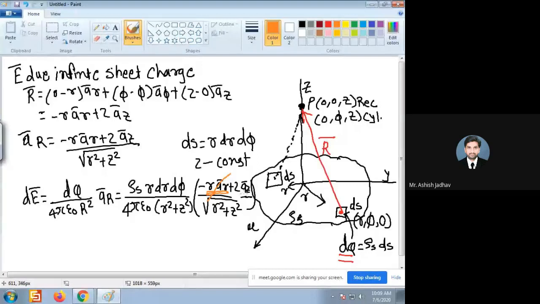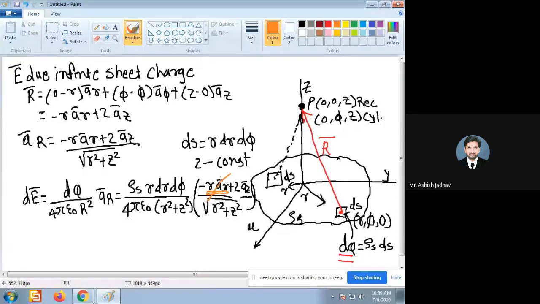Understood? In the last derivation, we assumed the line is placed on the z axis, so plus z is cancelled by minus z, and only radial components were added, like when finding electric field intensity due to line charge. But exactly opposite of that, here radial components are going to be cancelled and only vertical components are going to be added.